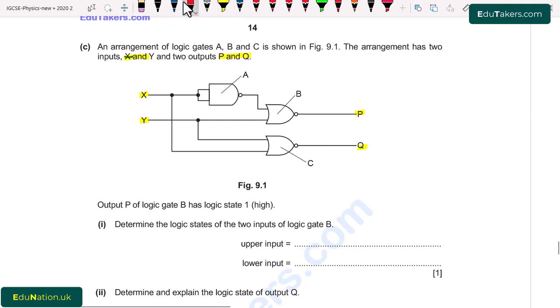We have to mention them. A is NAND gate, because you can see a bubble in front of AND gate, and this bubble shows that we have applied NOT gate over AND gate. And these two symbols are for NOR gate. It means that we have applied NOT gate over OR gate.